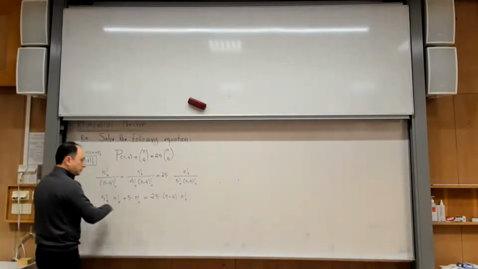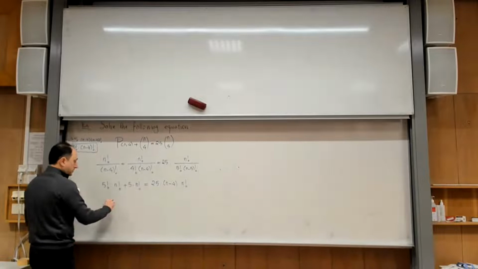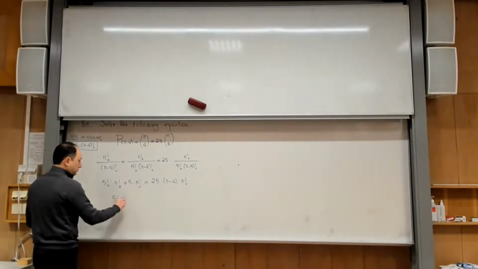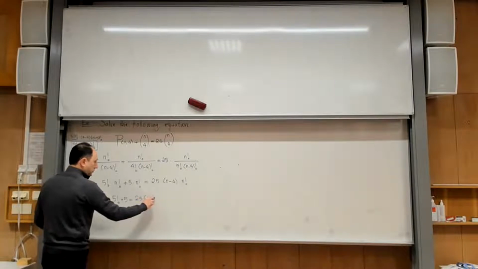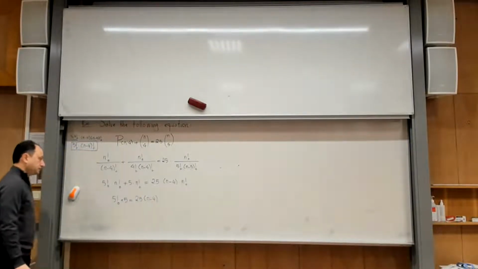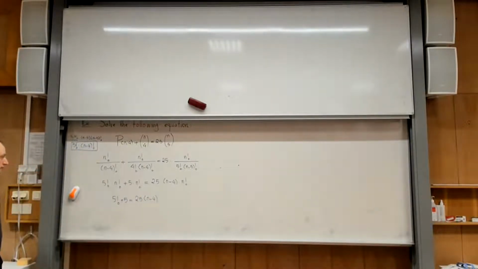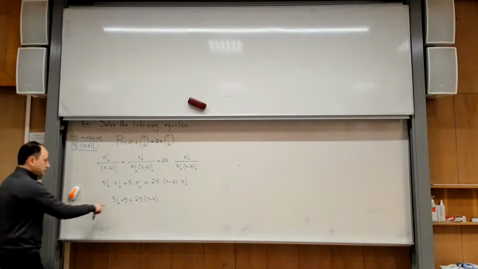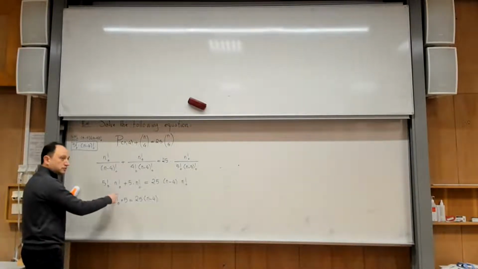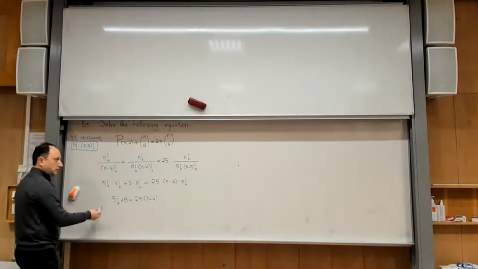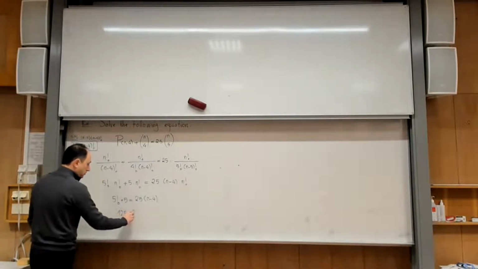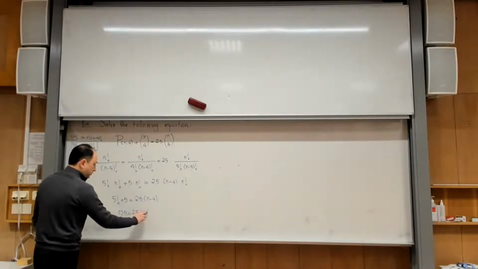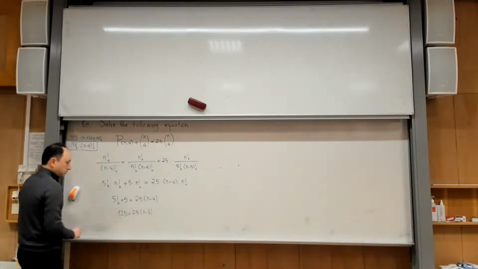Here I divide everything by n factorial, so this becomes 5 factorial plus 5 is equal to 25 times n minus 4. And then 5 factorial is 1 up to 5 multiplied. It becomes 120, and then it becomes 125 is equal to 25 times n minus 4. And I divide everything by 25.